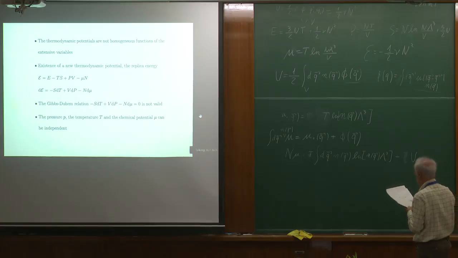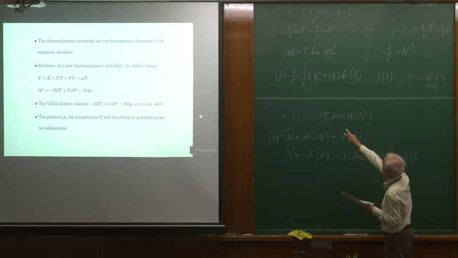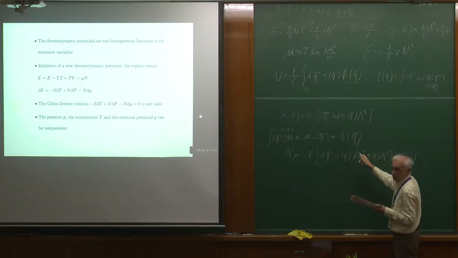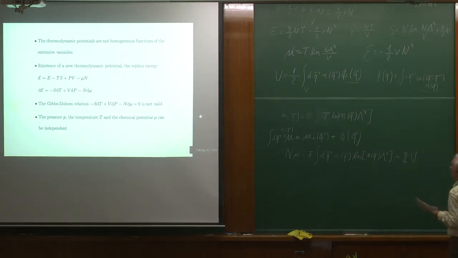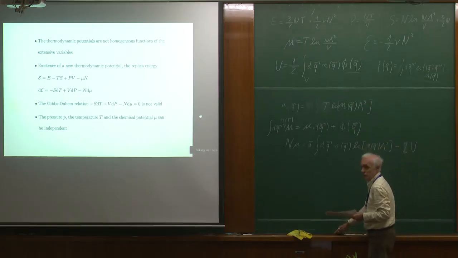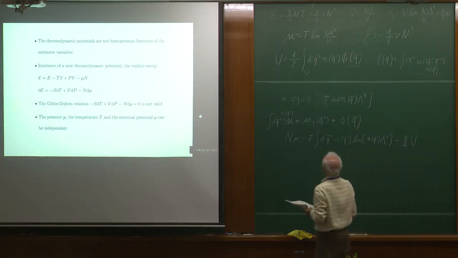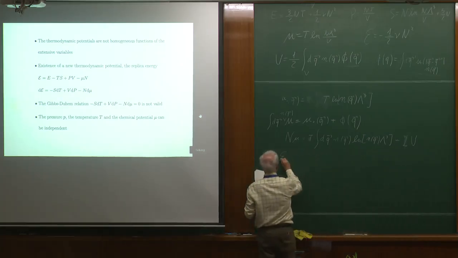Plus 2u. No, because here you have 1/2, okay? There I have 1/2. If I multiply this by n of q and integrate, I get 2. So the 1/2 was correct in that expression. Now the expression is no more there, so let's write it again.